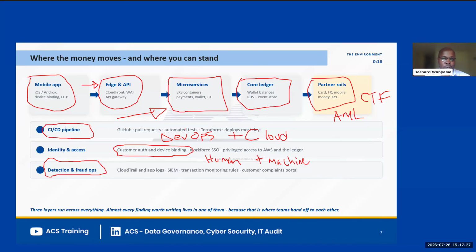And of course, as we go in, we shall have samples of what the infrastructure looks like.